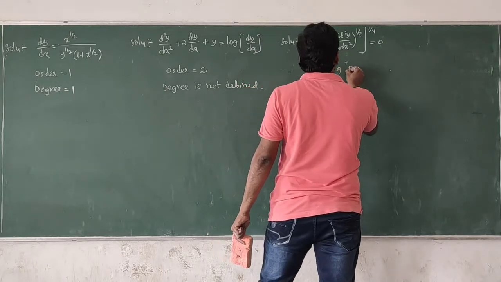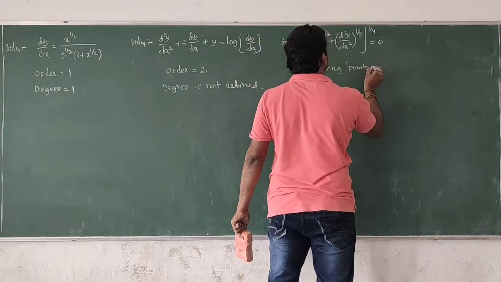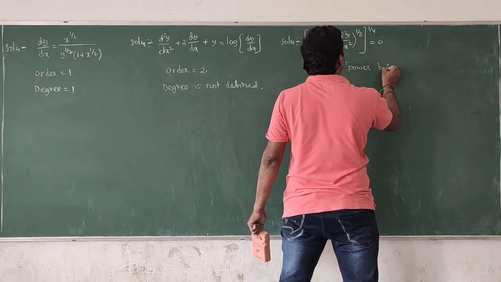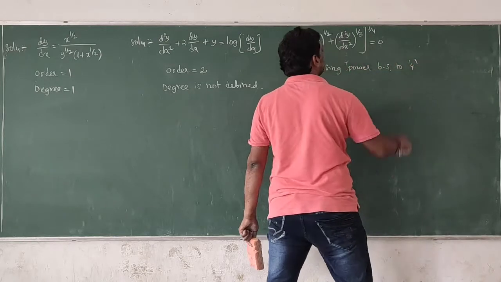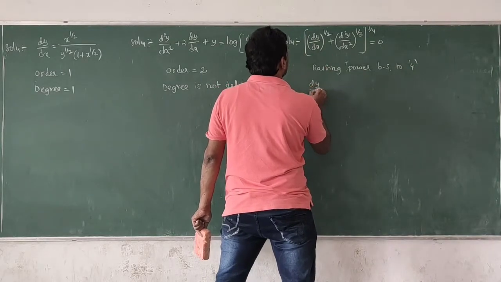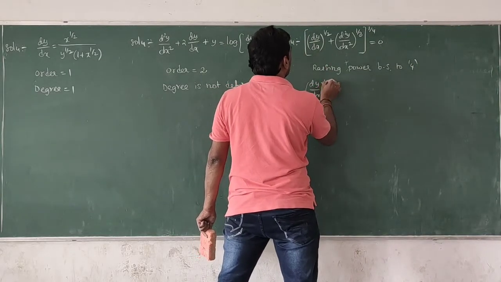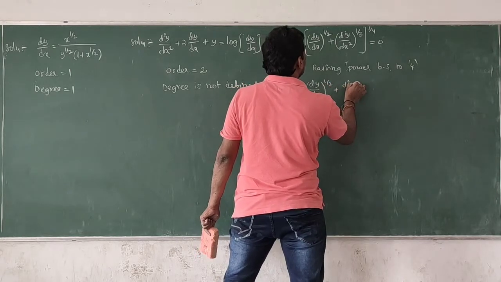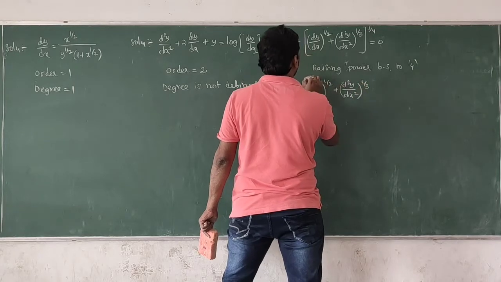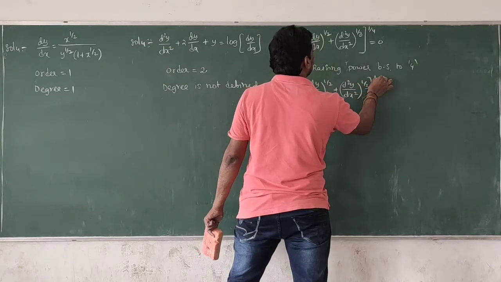Now, in order to simplify this one, raise the power to 4 on both sides. So dy by dx whole power 1 by 2 plus d square y by dx square whole power 1 by 3, whole power 1 by 4.